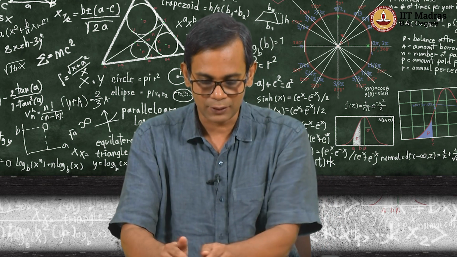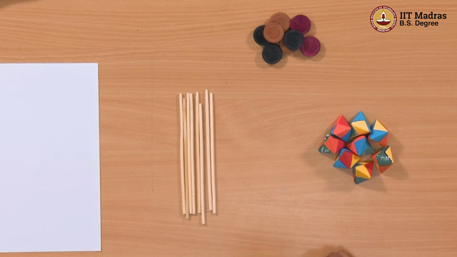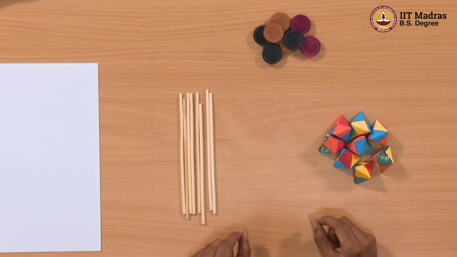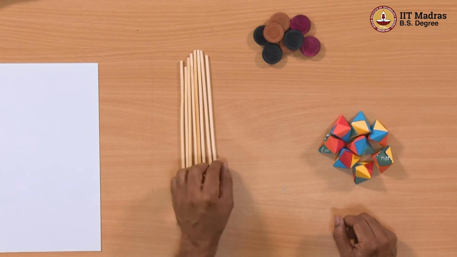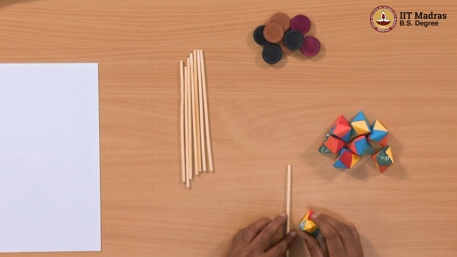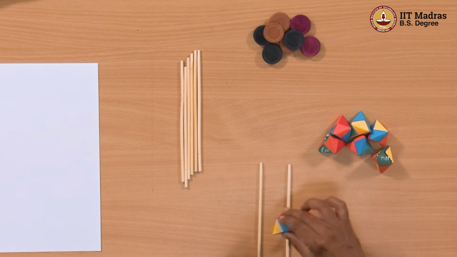So, here for example, I have the set of all jewels and I have this set of sticks. Now, we could ask, do these two sets have the same size? What I could try to do is make a bijection from this set to the other and see if I am able to do that or not. So, first I would take one of these sticks and pair it up with this jewel. Then I would take the second stick and pair it up with the second jewel.